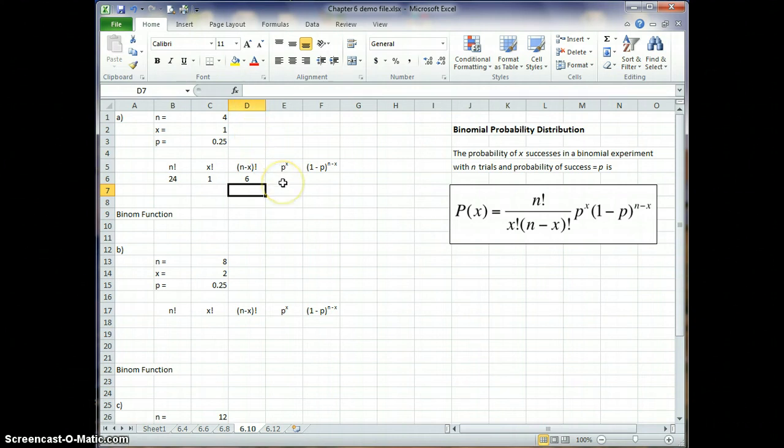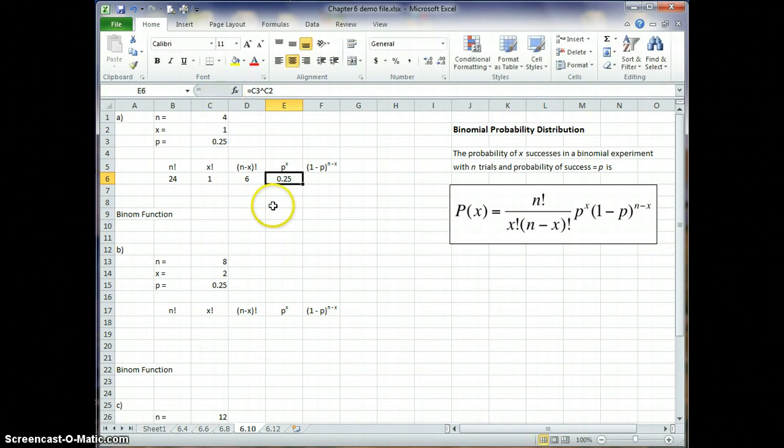And now, in this case, we're going to take the probability to X. So in this case, it's going to be equal to C3, which is the probability, and then use the caret above the 6, and then we're going to take that to the power of X, which in this case would be 1.